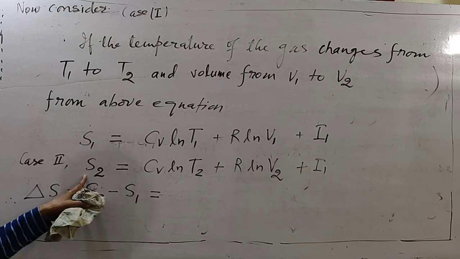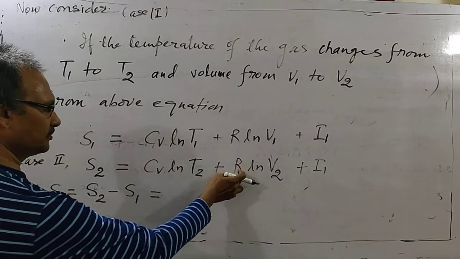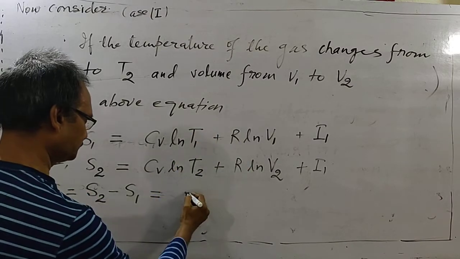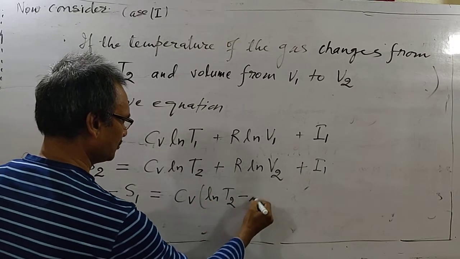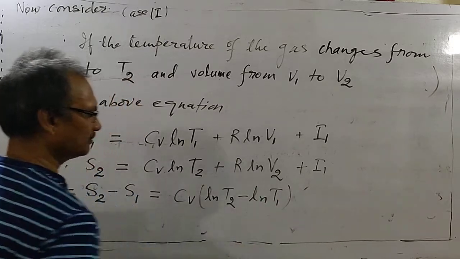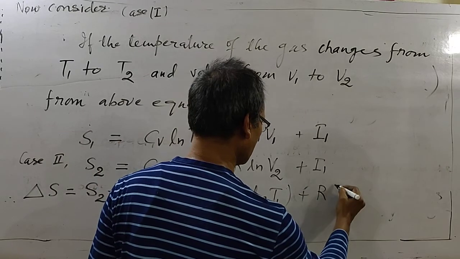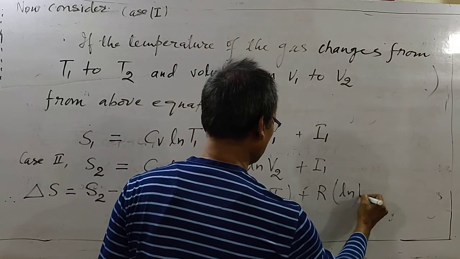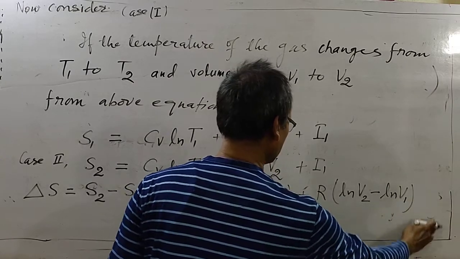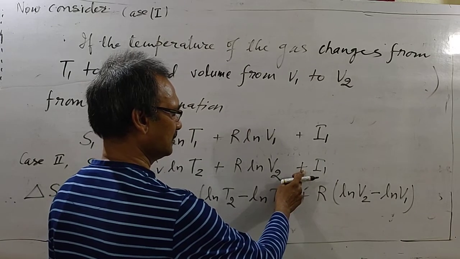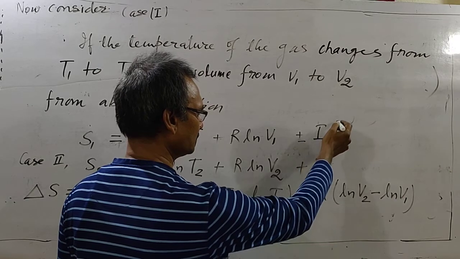By subtracting this equation from this equation, we will get CV (ln T2 minus ln T1) plus R (ln V2 minus ln V1), and this I1 will be cancelled.